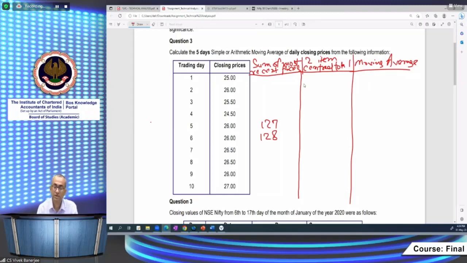Calculate the next 5, which means from 25.5 to 26.5. Let us add it. Coming to 128.5.